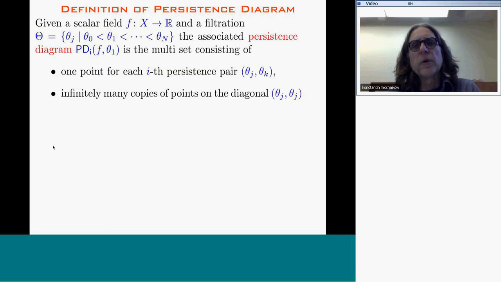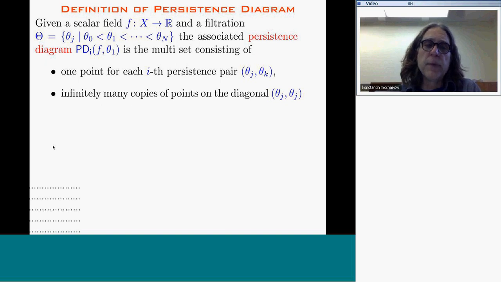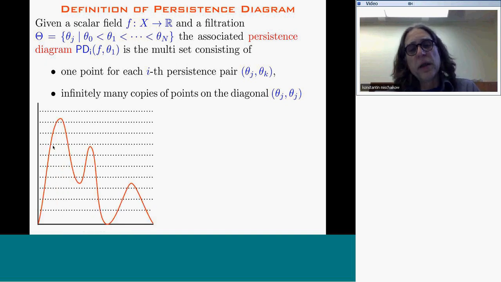Let me remind you that formally we're going to make the definition of persistence diagram. Give me a scalar field, give me a filtration, and the persistence diagram I'll just think of as a multi-set consisting of one point for each persistence pair in the plane, and infinitely many copies of points on the diagonal. The reason for the infinitely many copies on the diagonal is because I want to allow for perturbations.